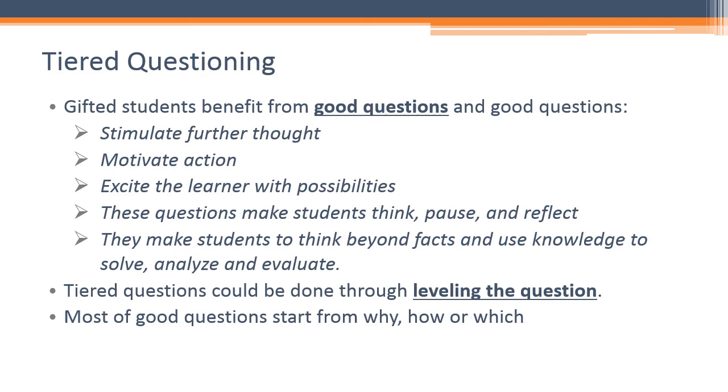And most of the good questions that the teachers of the gifted learners ask them often start from why, how, and which. Okay, so we're going to talk about leveling the question a bit further later. So let's have some examples of these questions, the why, how, and which, and what are the processes that they look after in a gifted learner.